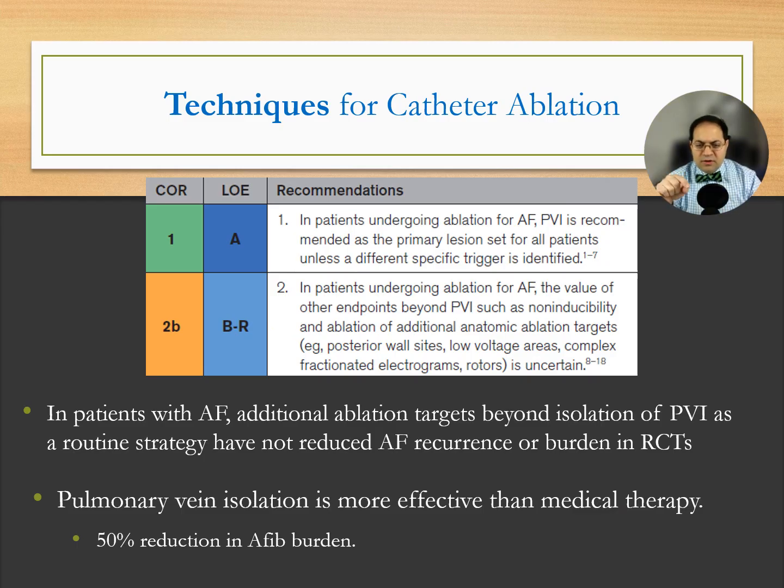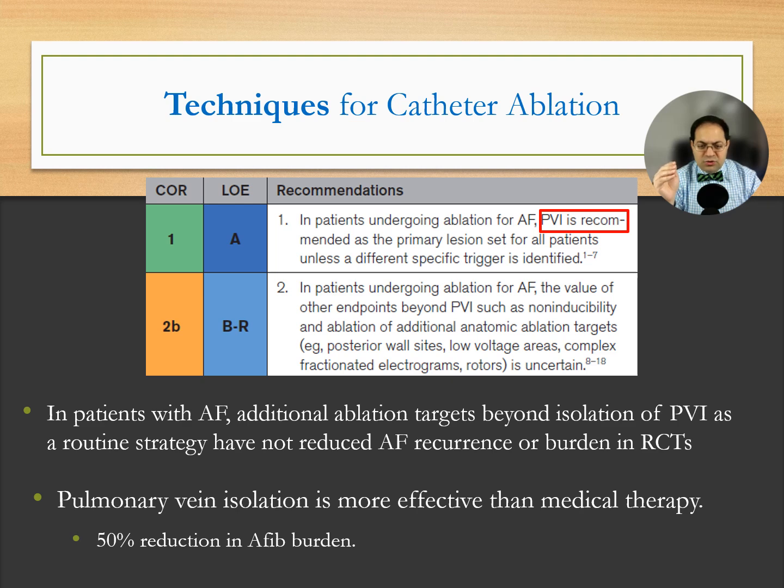All right, so let's talk about techniques for catheter ablation. There are different ways we can treat the patient with atrial fibrillation when we do ablation. One of them is isolating the pulmonary veins. Another one is adding lines or going after areas of scar or something called CAFE. There are a lot of different options that you can try to improve the outcome of atrial fibrillation ablation, meaning you don't want to see Afib come back after your first catheter ablation.